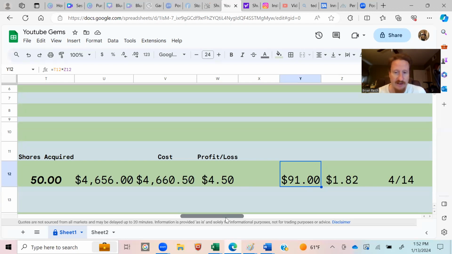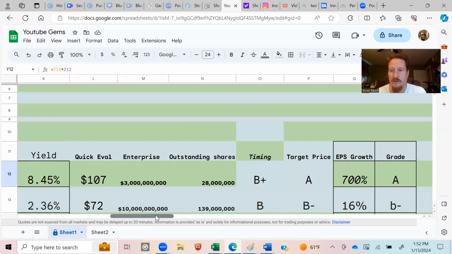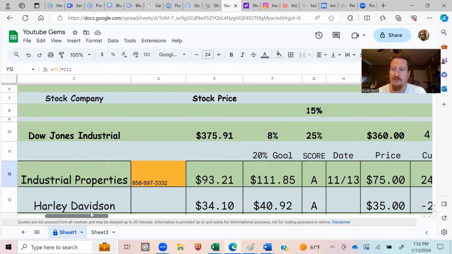So yes, this is a great world of stock investing, and you can get a great taste of it just doing paper trades. And I do highly recommend paper trades to start out. It really gives you training wheels to enter the market and understand how dividends work, and how buying and selling works.